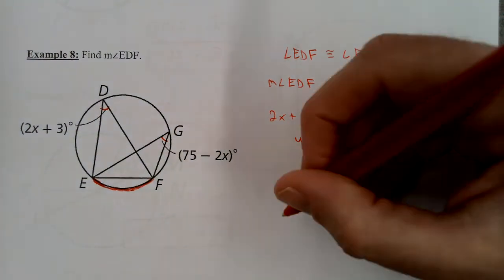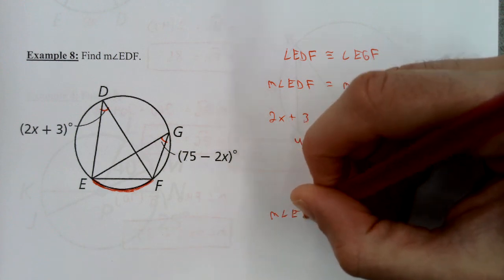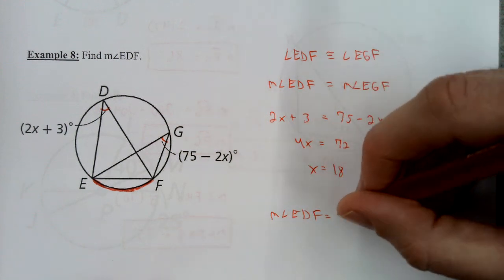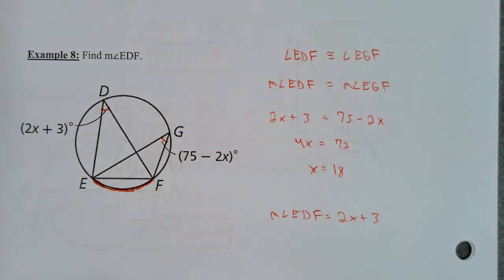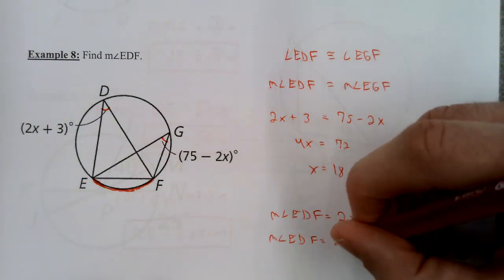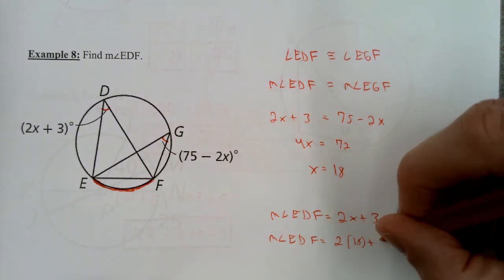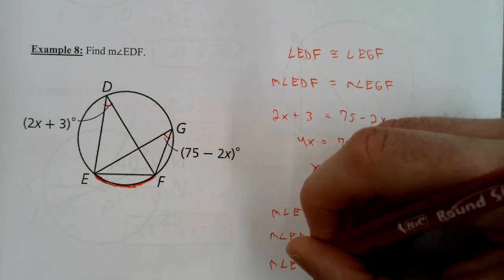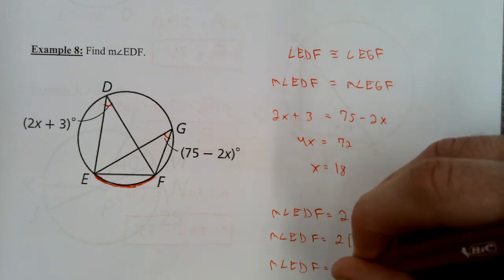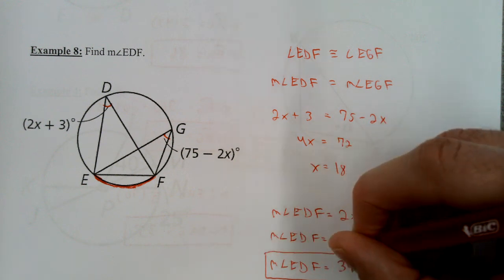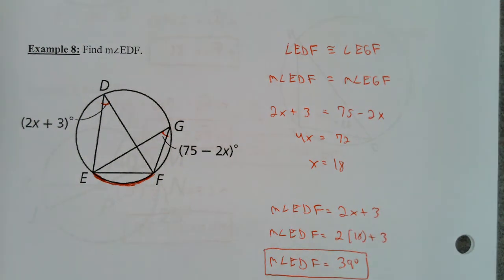And now find the measure of angle EDF. 2x plus 3, so 2 times 18 plus 3 is 39 degrees. And you can always double check by checking the other angle. 75 minus 2 times x, 75 minus 36 equals 39.